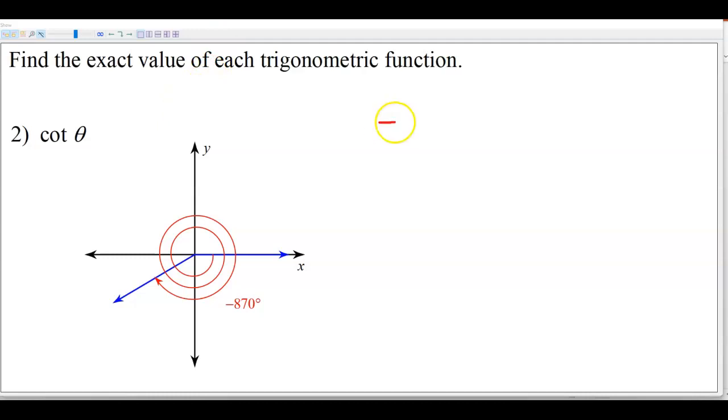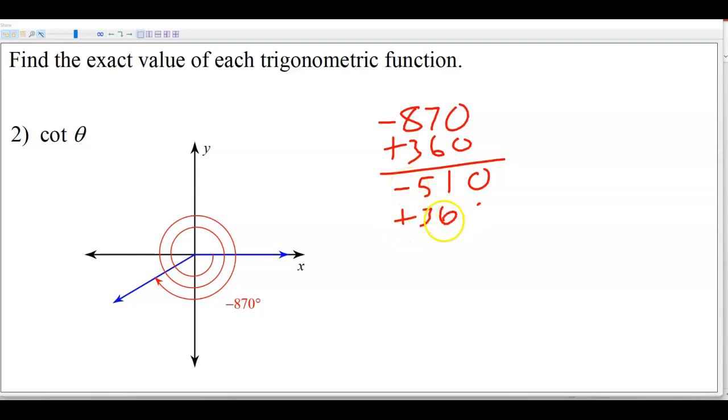So we have negative 870 degrees. So I'm going to add 360 to this thing, and let's see what we get. So if I add 360 once, I get 510. Let's add 360 again. Now I get negative 150. I'm getting closer, but I'm still not between 0 and 360. Let's keep going.